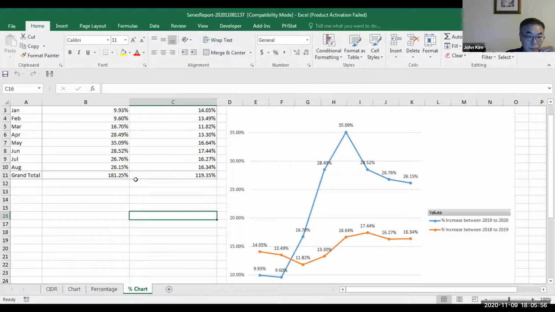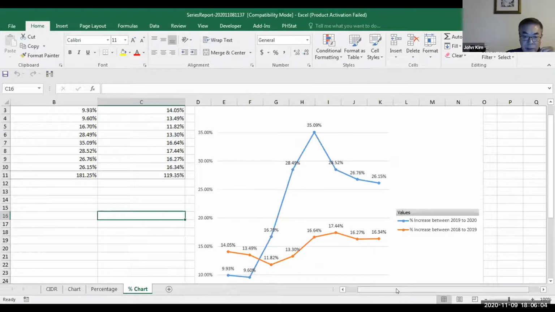The blue line, the e-commerce from 2019 to 2020, compared to last year, so it is now eight months.